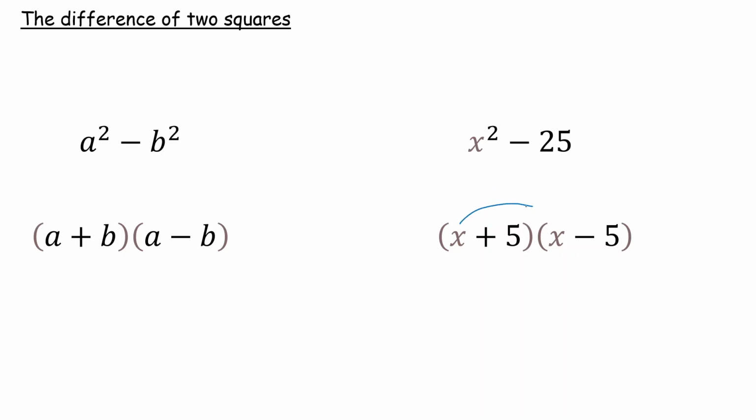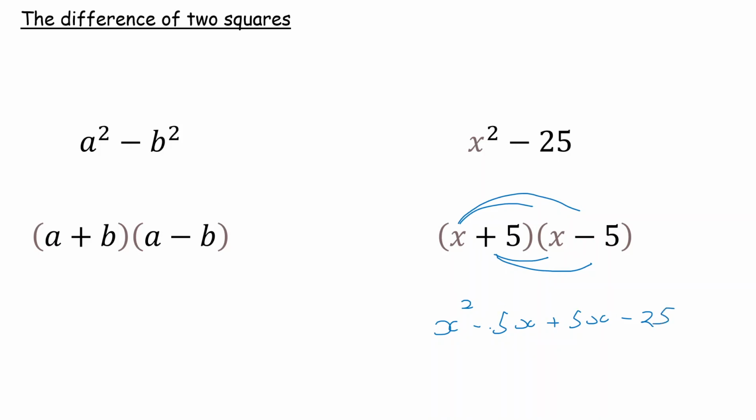So if I go and expand this pair of double brackets, which hopefully we're pretty well versed in from our previous videos, we can see that x times x gives you x squared. X times negative 5 gives you negative 5x. Plus 5 times x gives you plus 5x. 5 times negative 5 gives you negative 25.